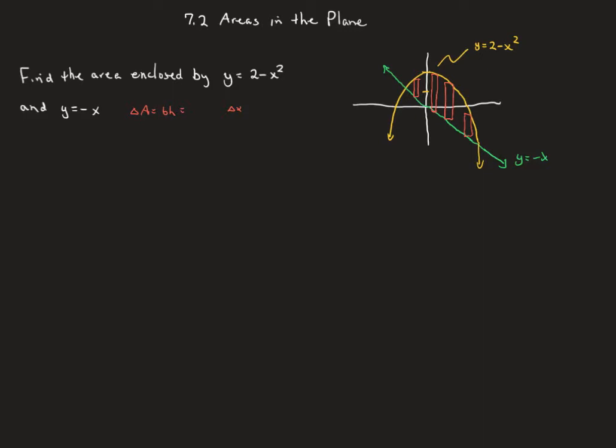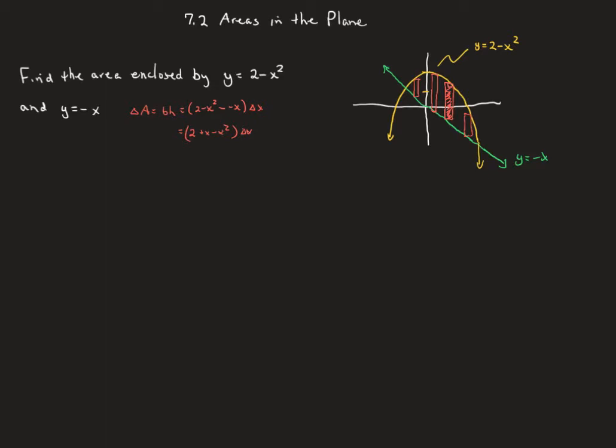The height is going to be the top curve minus the bottom curve. So our top curve is the yellow 2 minus x squared, minus the bottom curve, which is negative x, and then there's our base again. With a little bit of cleanup, that looks like 2 plus x minus x squared, times delta x. That would give us the area of one of those rectangles.